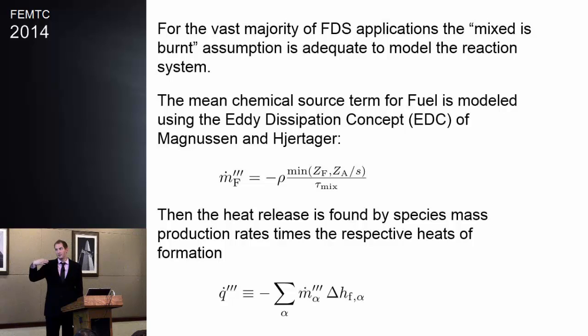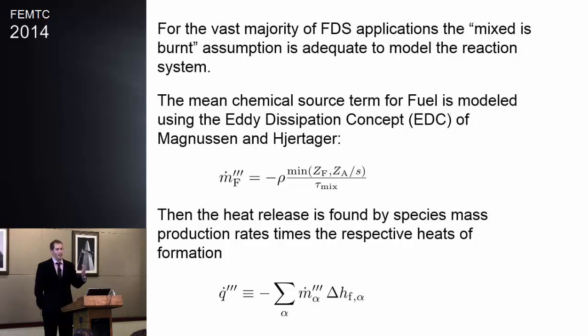And then from that M.F, we're able to compute all the other species combinations. If you change the fuel, based on the stoichiometric values of the chemical reaction that you've defined in your input file, we can calculate all the changes in every other species involved in the reaction. Then we generate this M.alpha, which is just an array of change in species. And from the enthalpy of formation of each one of those species, that's how we compute your heat release rate.